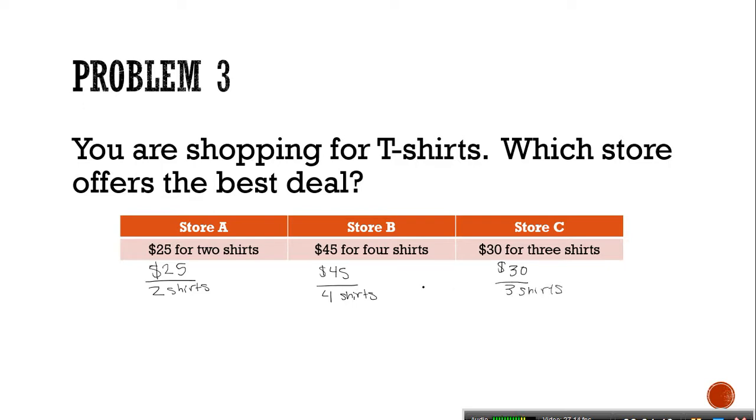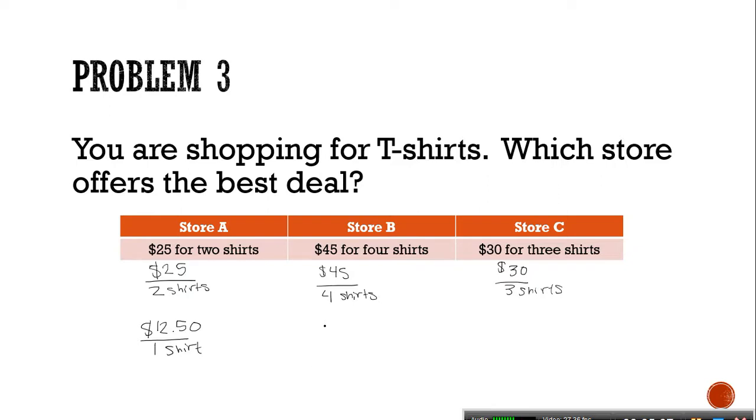Now, to compare these, I need to get a unit rate. To find a unit rate, you're going to divide the numbers. So I'm going to do 25 divided by 2. And if you do it on your calculator, you will get $12.50 for 1 shirt at store A. Store B, now we're going to do 45 divided by 4.